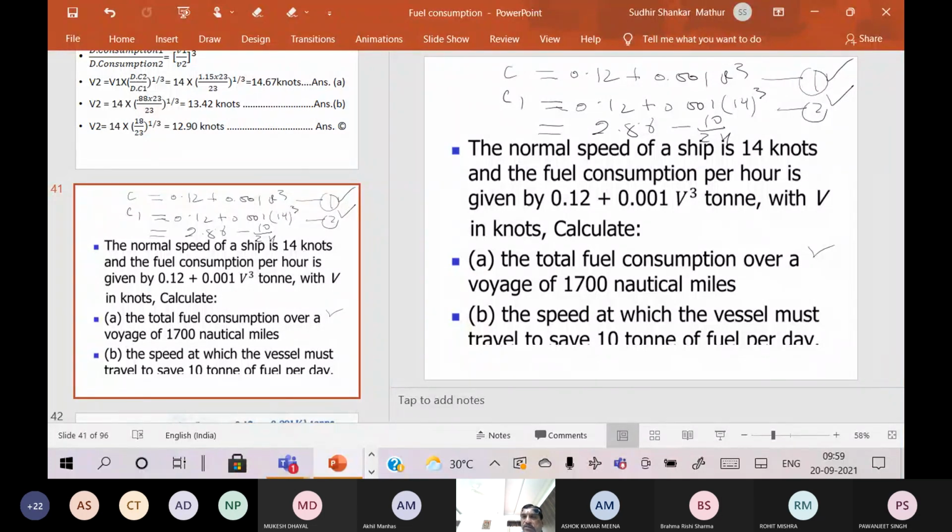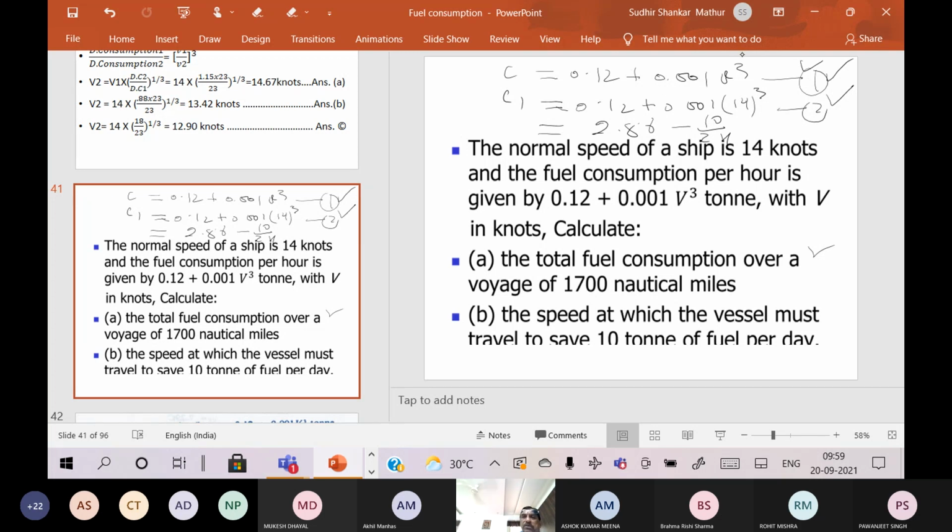In second part, this per hour consumption is reduced by 10 by 24, because we want to calculate the speed at which the vessel should move if my daily consumption is reduced by 10 tons. So daily consumption means per hour consumption must reduce by 10 by 24. So that is my new per hour consumption.